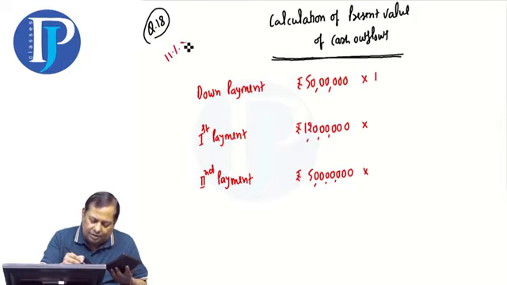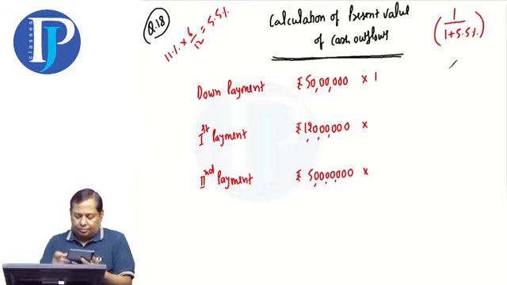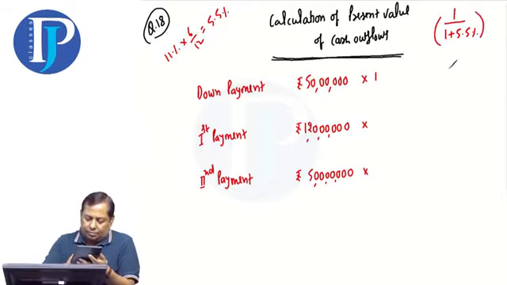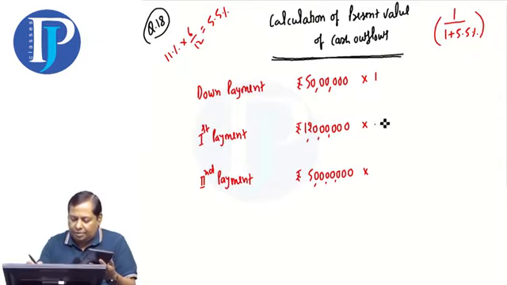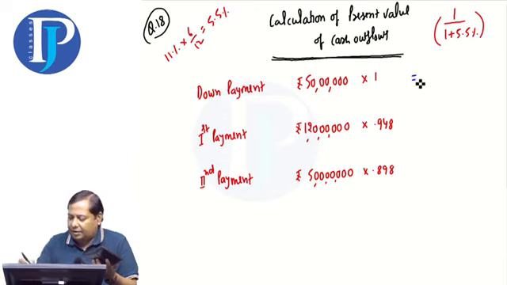We will take 11%, 6 by 12. This will become 5.5%. 1 upon 1 plus 5.5%. So this is the first PV factor, 0.948. And the second PV factor will come when rate is half yearly. PV factor will also become half yearly.